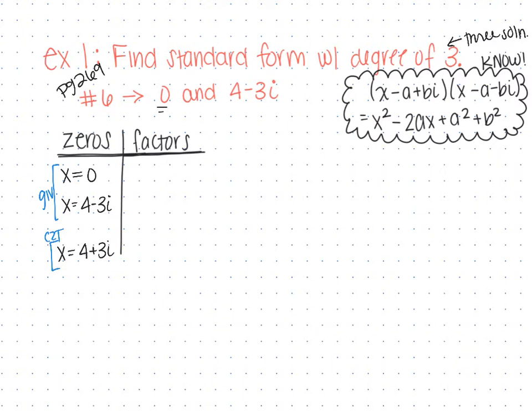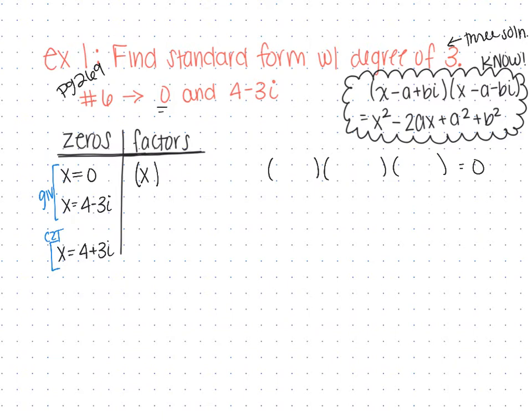So now I need to get these zeros in factored form. So I need to get them in parentheses, all equal to 0. That's my goal. So I just solve for 0. Well, x equals 0 is already done, so the factor is x.